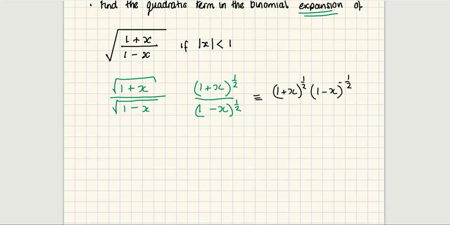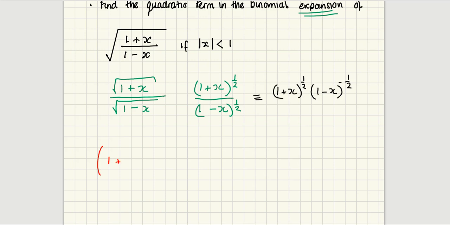So we'll then have to multiply them together and we'll end up with a range of terms, and we only want the quadratic ones. This is why we're only being asked for one term, because both of these in their own right will give you infinite series.